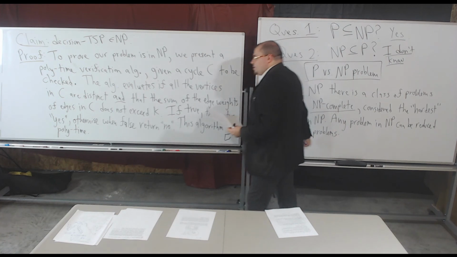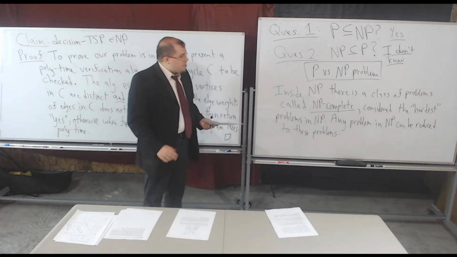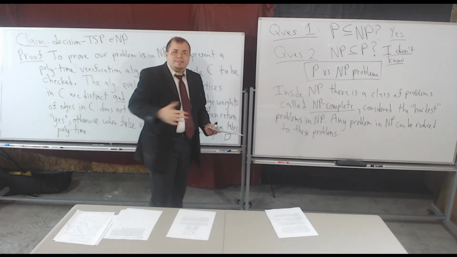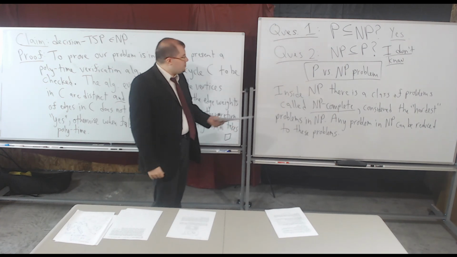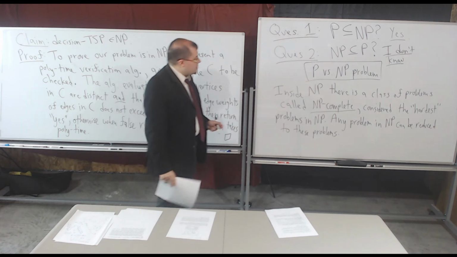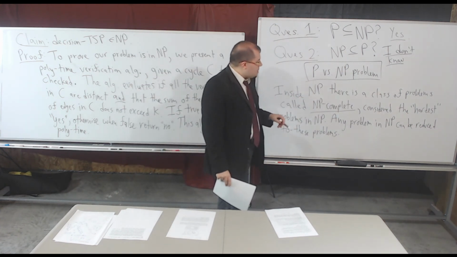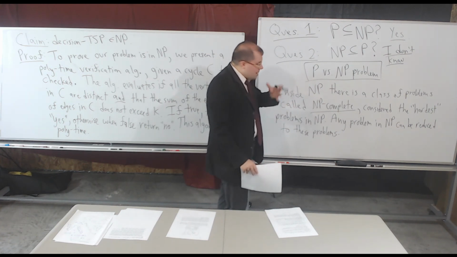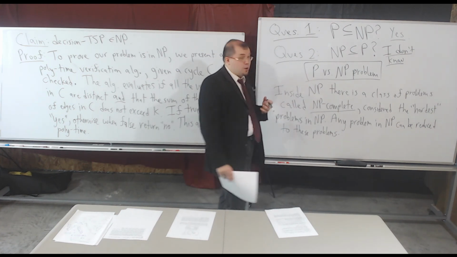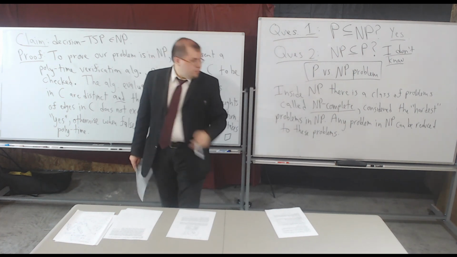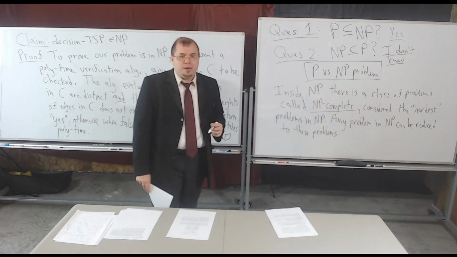So worth noting here, when I say reduced, I mean a polynomial time reduction. We're going to see some examples of these in this course. You may have encountered these in the past. But the point I'm getting at is that any problem in NP can be reduced. So I can take any NP problem, turn it into an NP complete problem. If I could solve an NP complete problem, I could solve all the ones in NP.